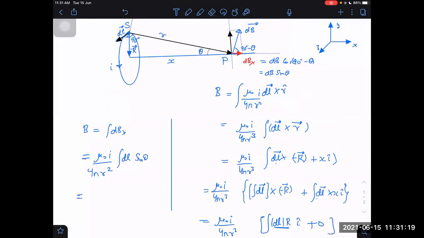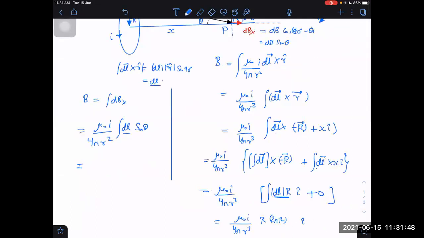Why am I not taking r cap? Because dl cross r cap will be dl into the magnitude of r cap, which is 1, into sine of 90 degrees, which is just dl. So I am replacing dl cross r cap by dl magnitude-wise. Is it okay?